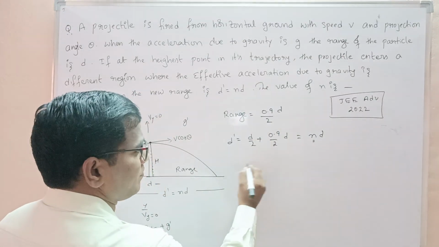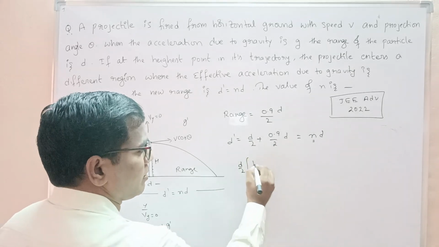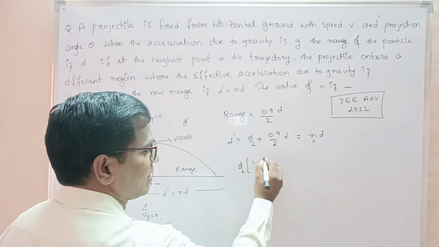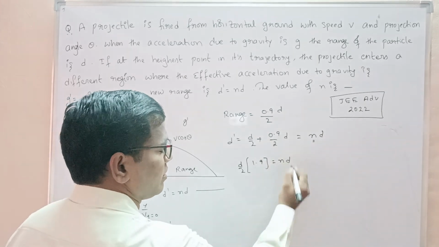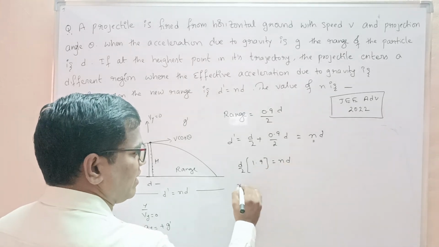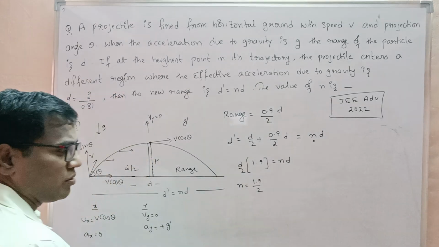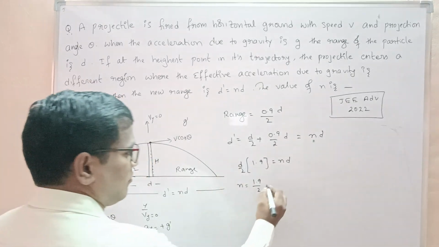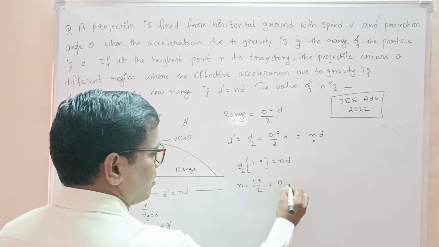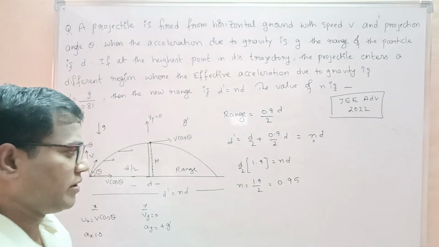We write d by 2 common, so 1 plus 0.9, which means 1.9, is given as nd. Here d gets cancelled, so n is equal to 1.9 by 2, which can be written as 0.95.